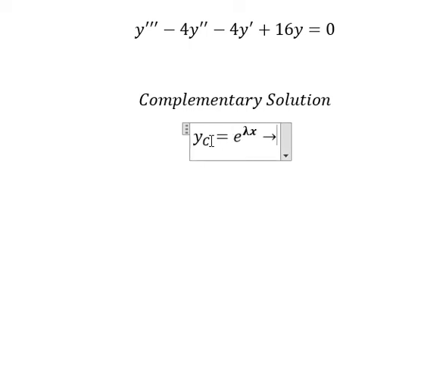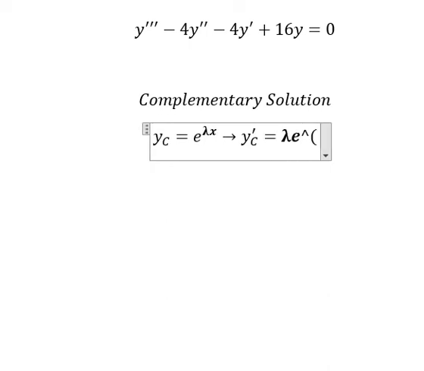Next, we first take the derivative of both sides, and we have lambda e to the power of lambda s, because if we take the first derivative of this one, we keep the same e to the power of lambda s. Later, when we take the first derivative of lambda s, you get lambda.